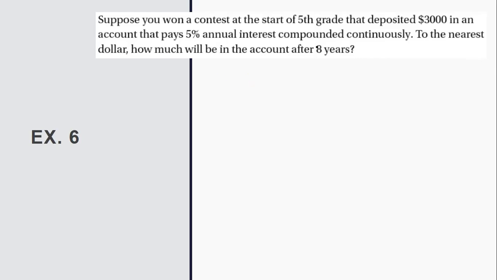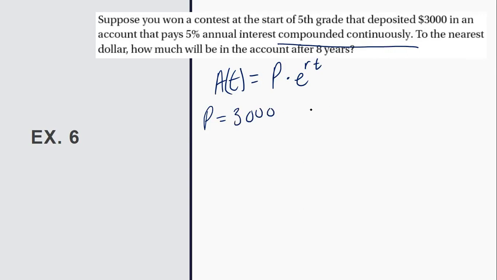So we're using the compound continuously function. A of t equals P, our principal, times e to the r times t. So for this problem, our P equals 3,000, our r equals 5%, and our t equals 8.